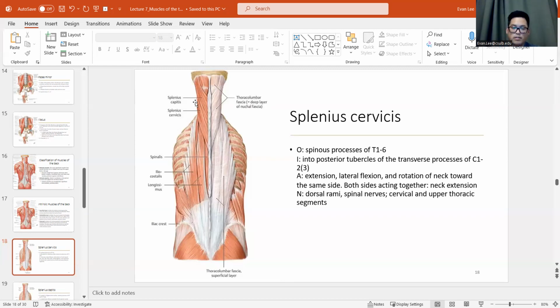So ipsilateral rotation, and it is going to be innervated by the dorsal rami and spinal nerves of the cervical and upper thoracic regions. So the dorsal rami, keep in mind, those nerves are coming out very close to the vertebral column, and then they go through the deep back to these muscles.